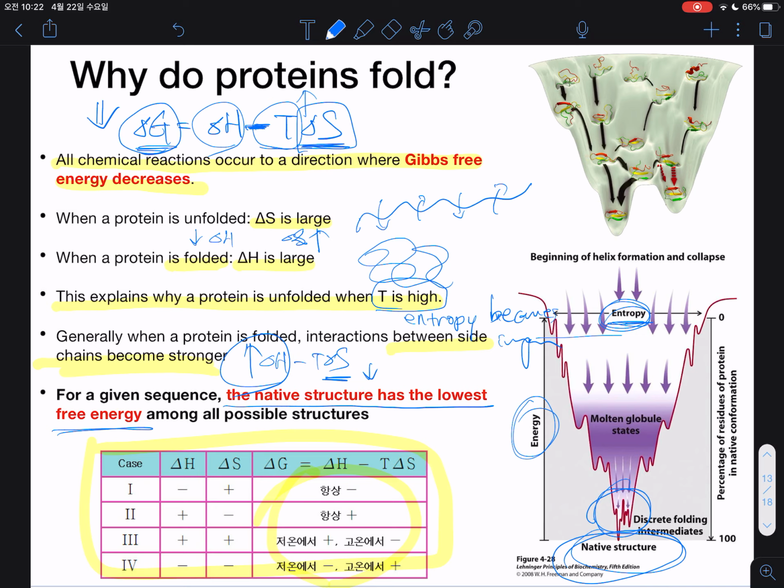On the other hand, this here corresponds to unfolded structures. The unfolded structure has high energy and also high entropy, right?